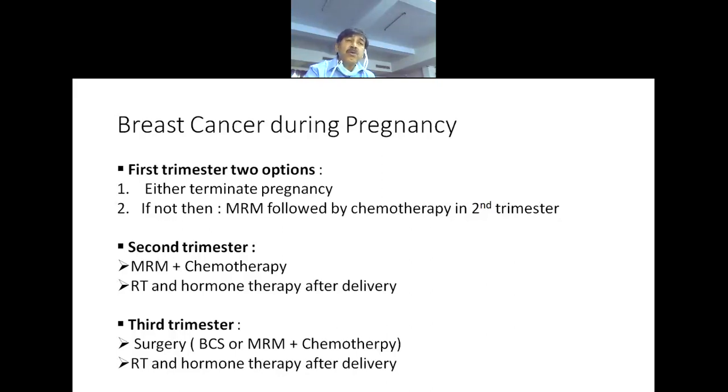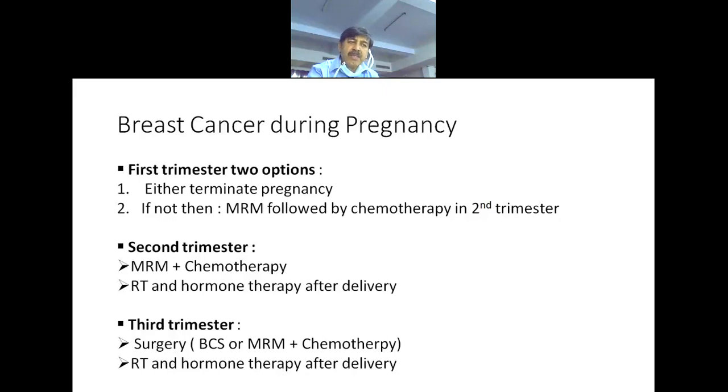So here we cannot offer BCS. In the second trimester, we can do the surgery plus chemotherapy can be given, and radiotherapy and hormone therapy are to be given after delivery. So we cannot use radiotherapy as well as hormone therapy during pregnancy. Surgery can be done in all the trimesters, and chemotherapy cannot be given in the first trimester.